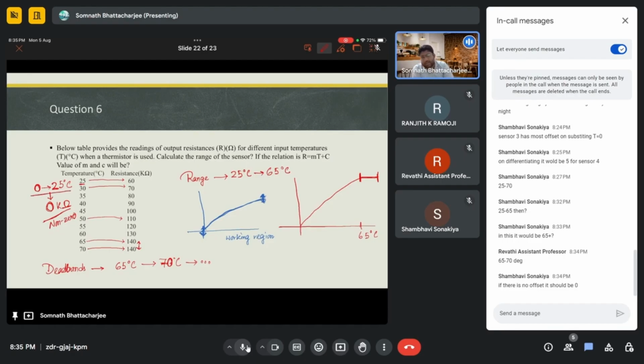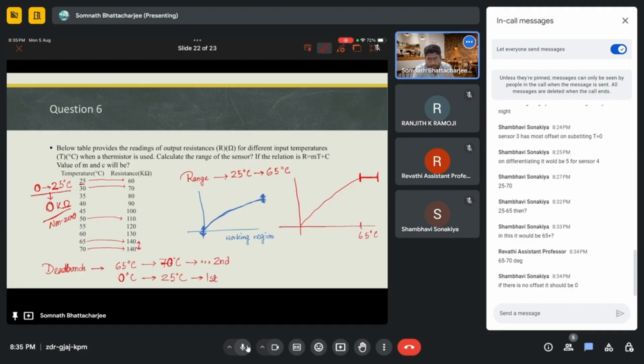From 0 to 25 degrees, there is no change in the values. So this is also a dead band. From 0 degrees to 25 degrees there is a dead band, that is the first dead band, whereas for the 65 to 70 degree region, there is a second dead band. So it has two dead band regions.